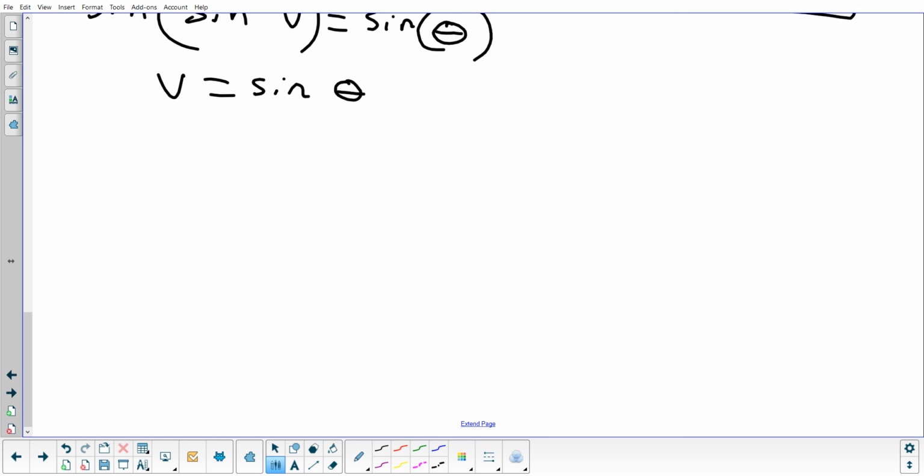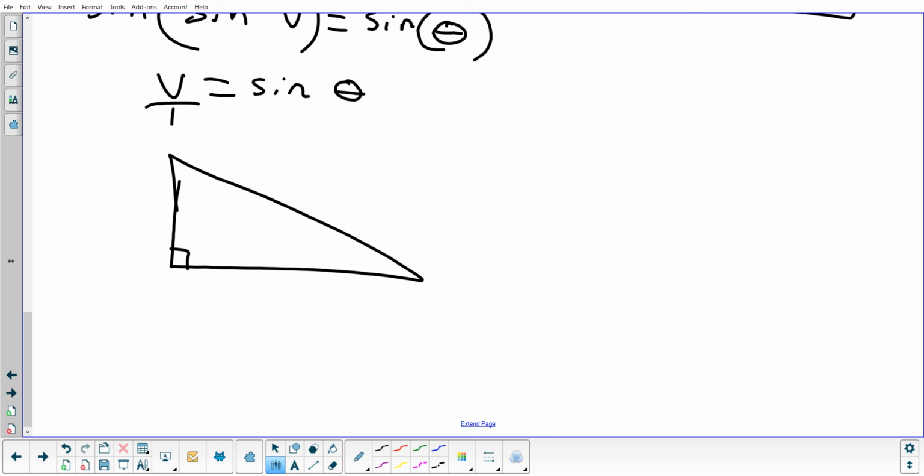Now, I want to use that equation to do what? Create a right triangle. We're going to create a right triangle, and I want you to represent what that equation is saying in the triangle. It generally helps if you take the v and write it as a fraction. It doesn't matter where you put the theta.